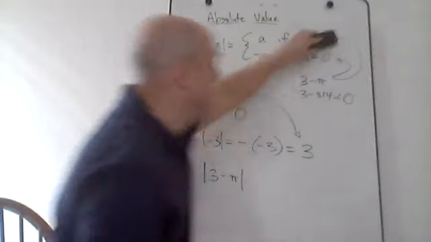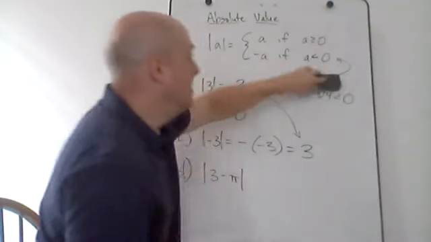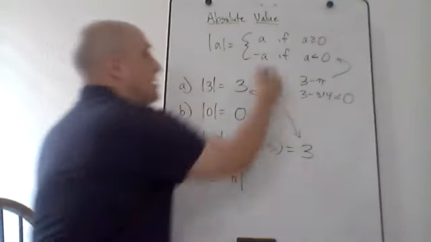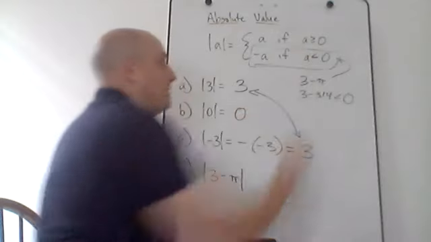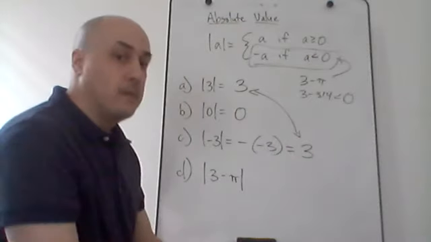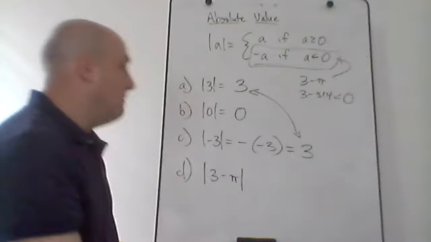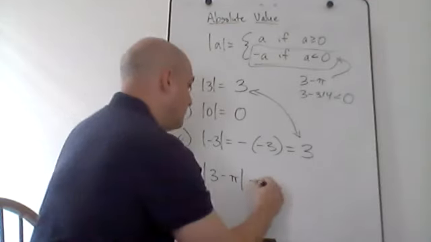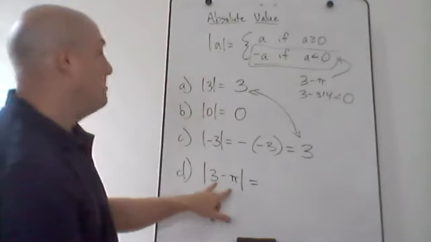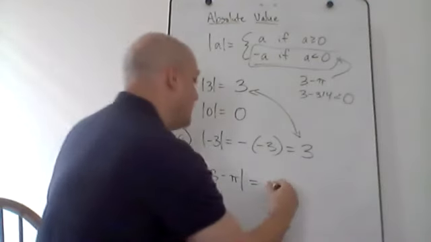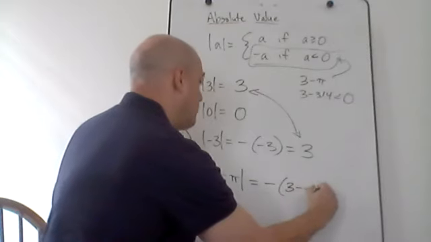So 3 minus pi is less than 0, which means we have to use this second branch of the definition of absolute value. The absolute value of 3 minus pi is the negative of 3 minus pi.